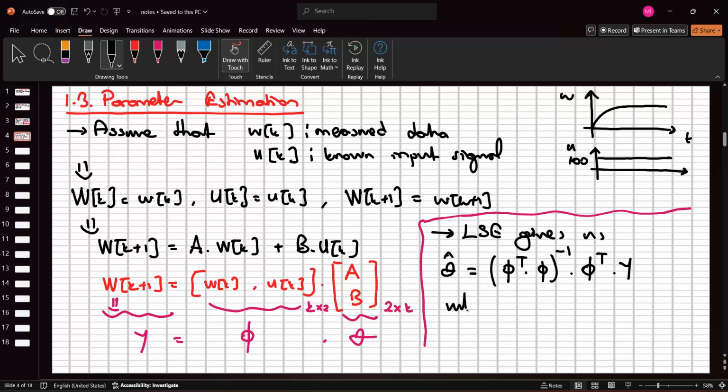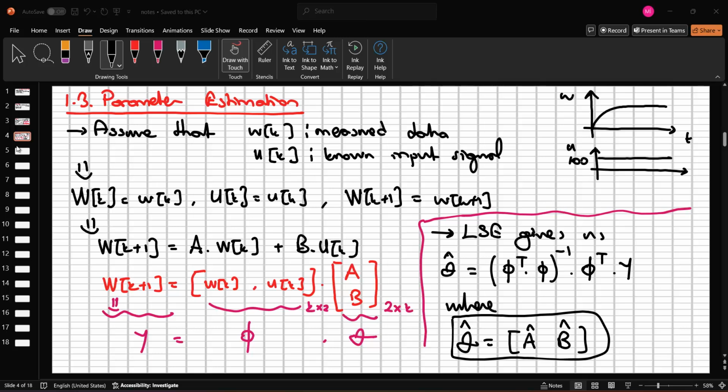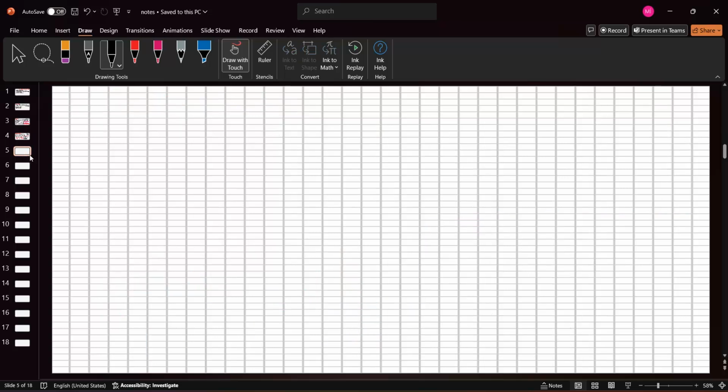And this theta hat equals the A hat, B hat, okay? This is our estimated parameters. If you calculate these theta hat values from the matrices of the measured data, we can easily find out the values of A and B in estimated form.